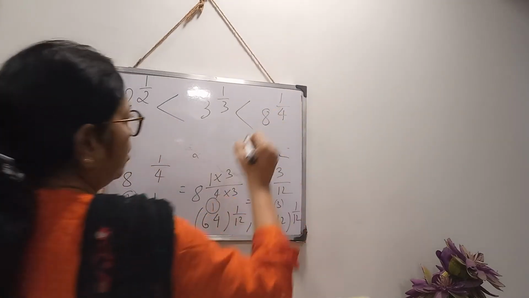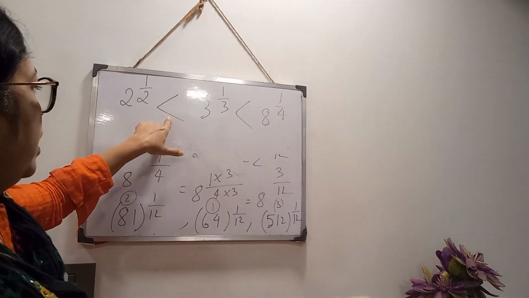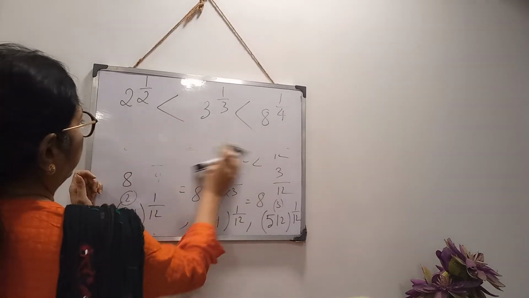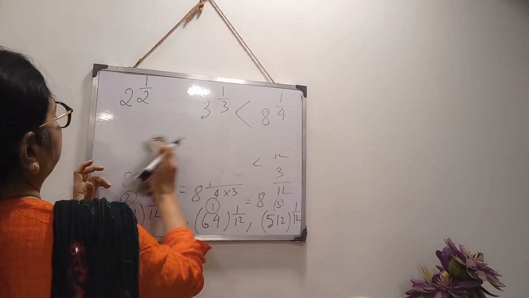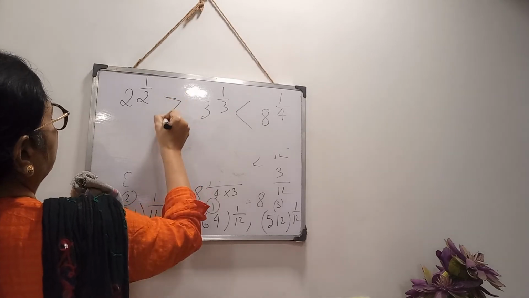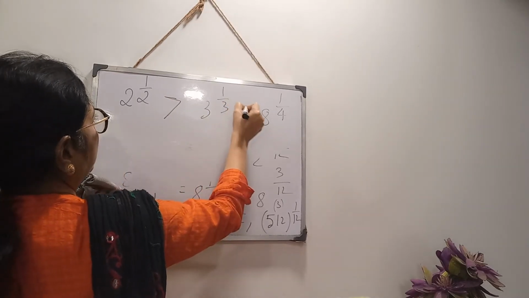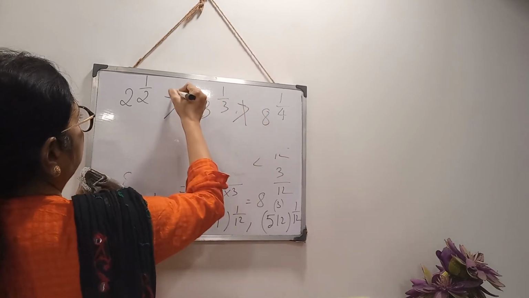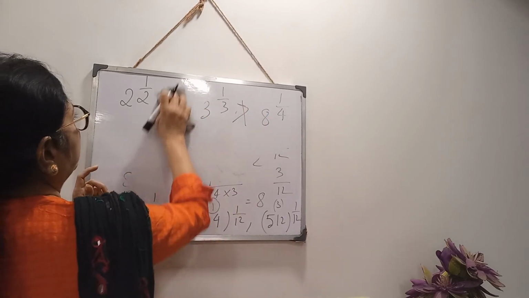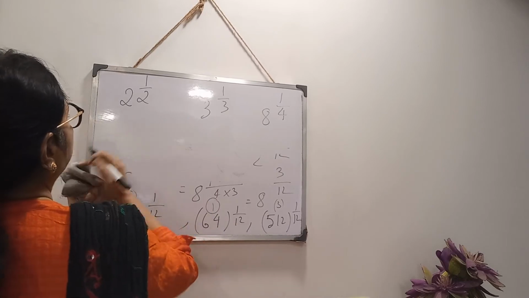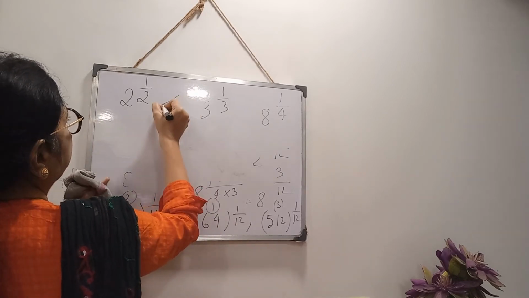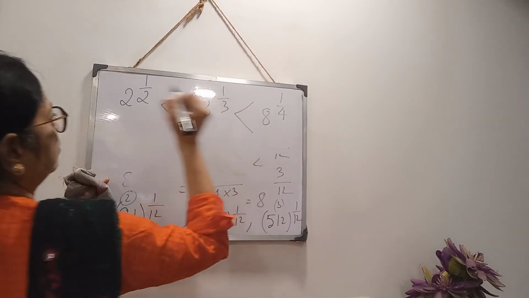Now in place of this sign, if you write by mistake the greater than sign, your answer will be 0. So this is wrong, this is not greater than. This is less than: this is the lowest number, less than this, less than this.